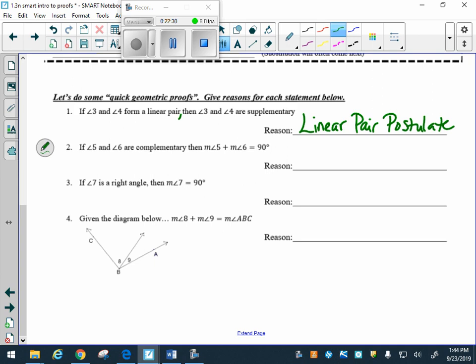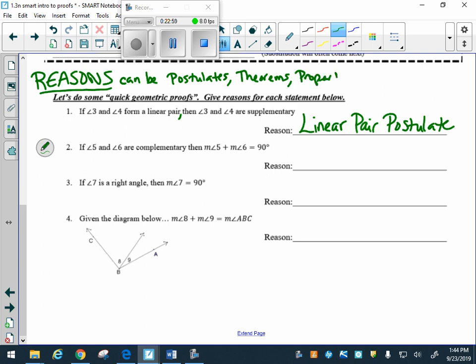Okay, angle 5 and angle 6 are complementary. Actually, let me write this right here now. Reasons. Reasons can be postulates, theorems, properties, or definitions, or given.